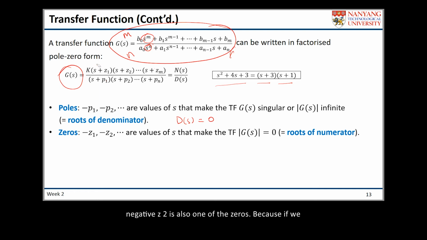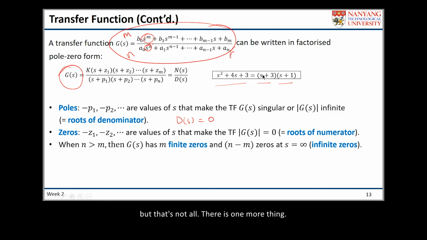Negative z2 is also one of the zeros, because if you substitute negative z2 for s, you will end up with 0 in the numerator. 0, if you divide it by anything, is always 0. So negative z2 is also one of the zeros of your transfer function. Negative zm is also one of the zeros, of course, here, right? So at this point, I have already introduced you to poles and zeros.